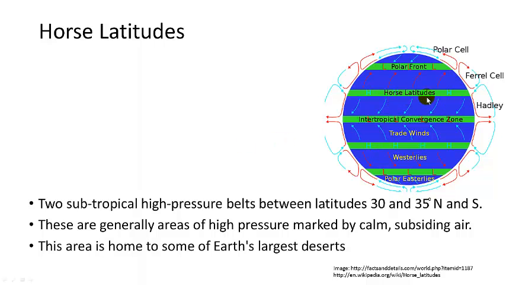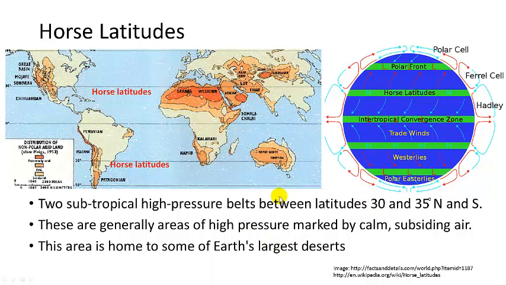It is not surprising that this descending air, which is warmed as it descends, produces a drying effect, since the air has already dropped its moisture, particularly in the intertropical convergence zone, and as a result, the Earth's largest deserts are often formed right at the area of the horse latitudes.